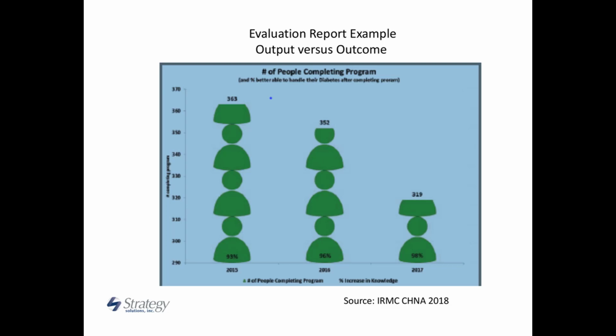But as you can see here in fine print, the percentage of people that had an increase in knowledge based on the diabetes program, so their outcomes are actually the numbers. The impacts are actually the numbers based on the short-term impacts are the numbers that are inside the little people at the bottom that shows the percentage of people who had an increase in knowledge based on those particular programs.